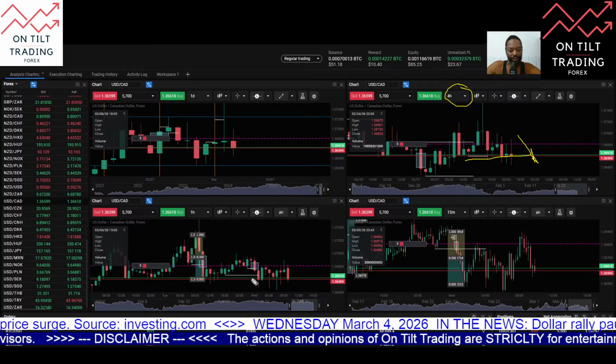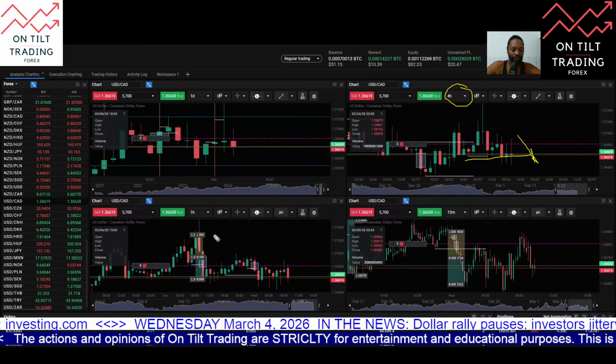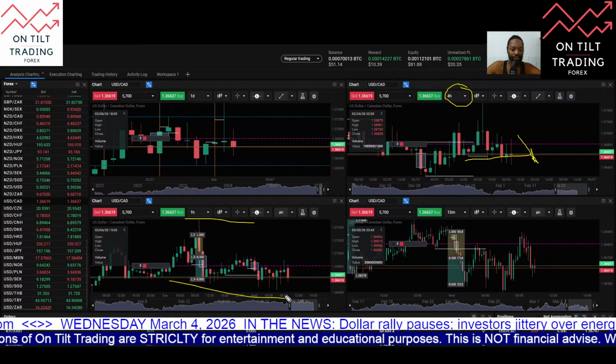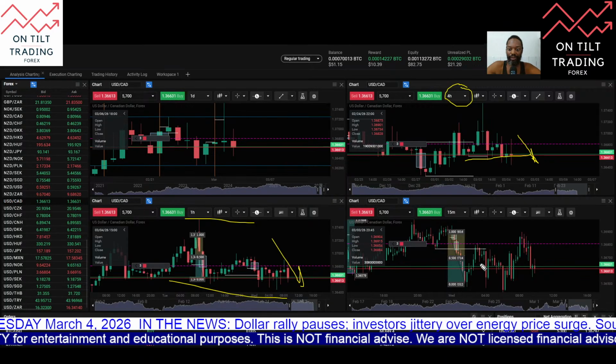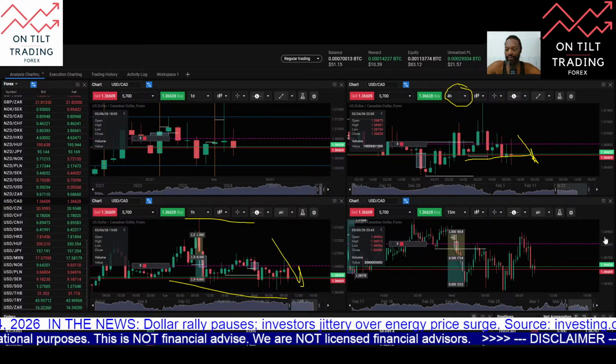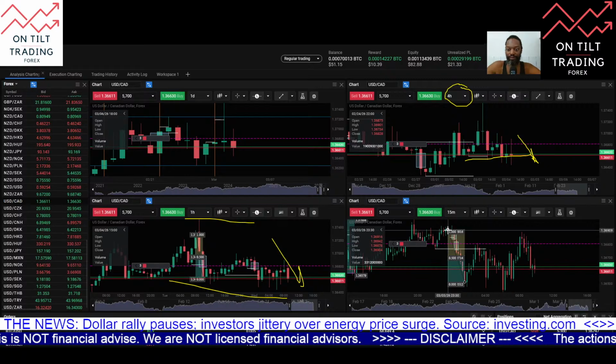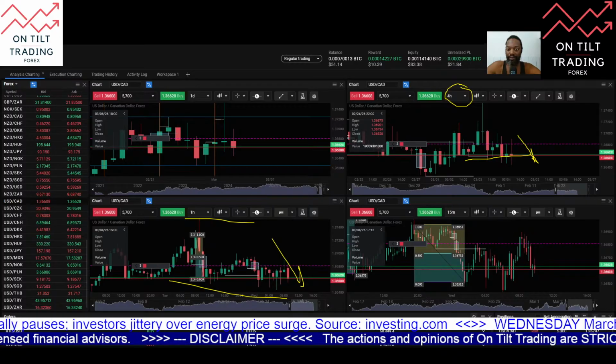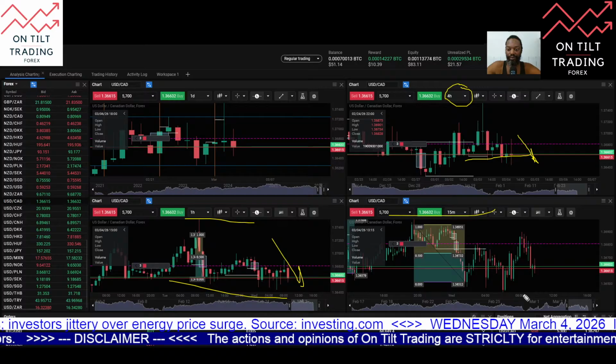Currently, or just overall here in the dealing range, overall it's bearish here in the 1 hour, and same thing here actually. And same thing here, dealing range here, bearish.